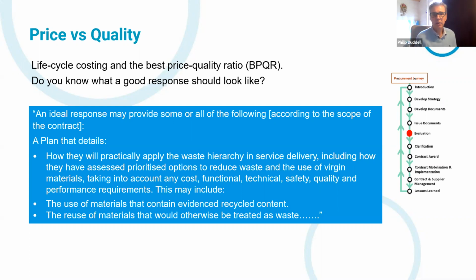And that includes how the organization has assessed and prioritized, where they are focusing effort, how they have identified priorities to reduce waste and to reduce the use of virgin materials, taking into account any cost, functional and technical performance requirements. For example, including use of materials that contain recycled content and those that would otherwise be treated as waste. So that's understanding so that when you get a tender, you know that's what I'm looking for. These are the key words, these are key outcomes I'm looking for.